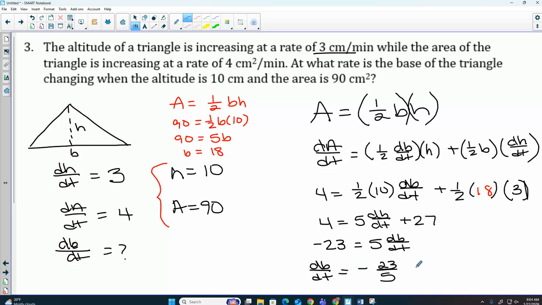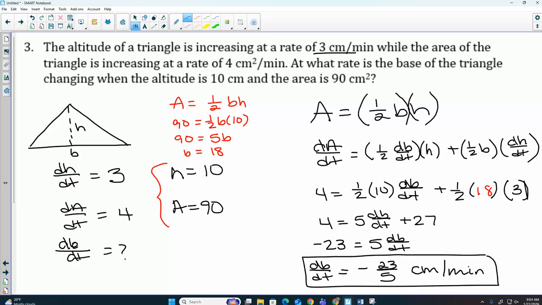My base was measured in centimeters, my time in minutes. So that's how the base was changing. At that instant, the base was getting smaller. Is that okay?